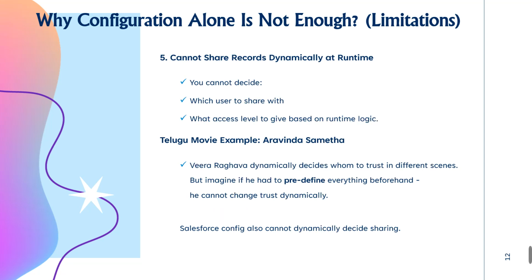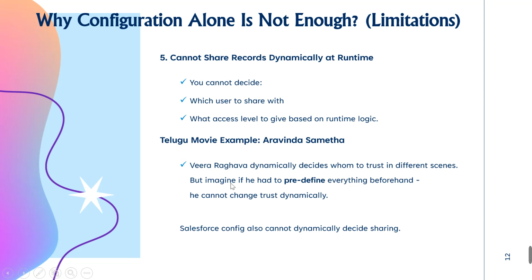And fifth is we cannot share the records dynamically at runtime. Here you cannot decide which user to share with and what level of access to give based on runtime logic. We'll take an example: the Aravinda Sametha movie, where Veera Raghava dynamically decides whom to trust in different scenes.